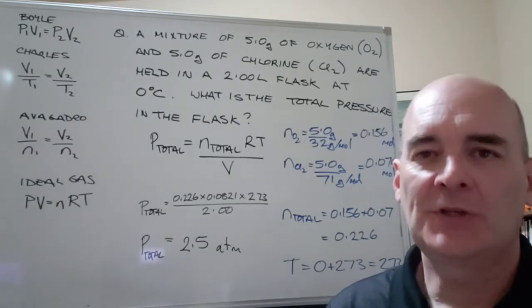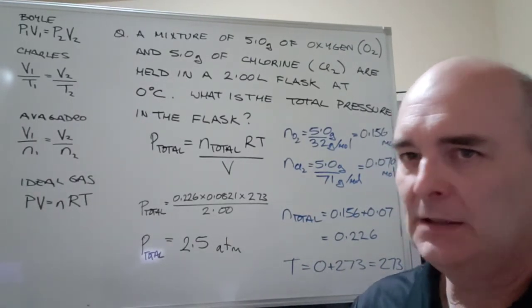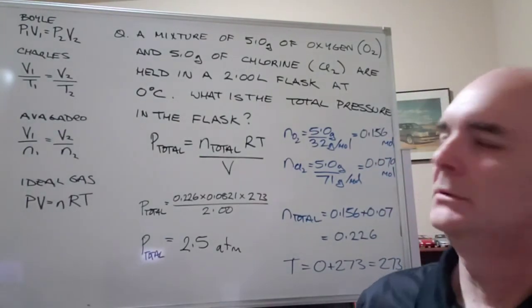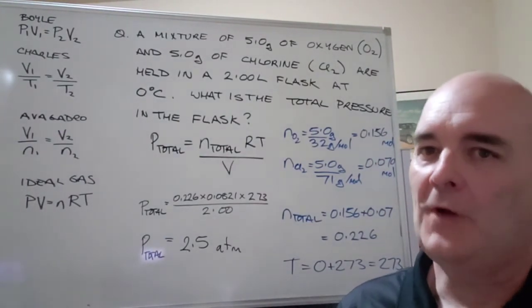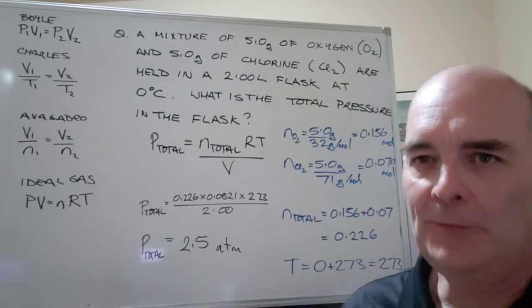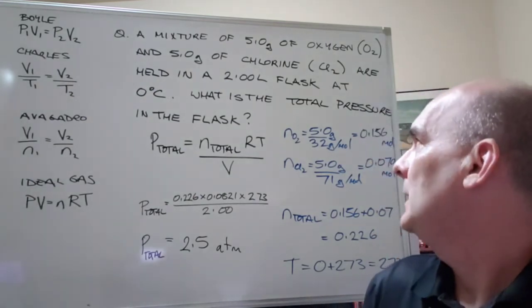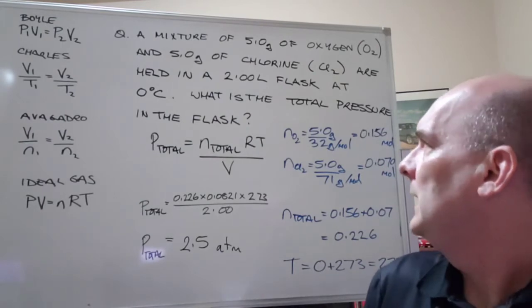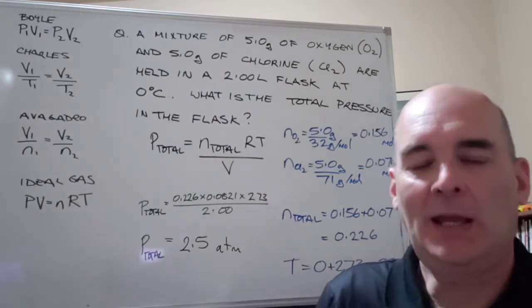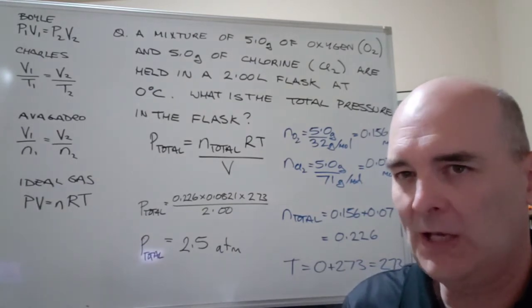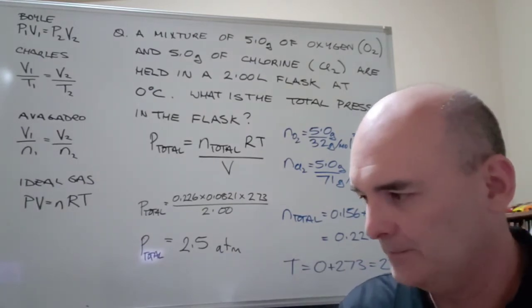Okay, here's a question that is a little bit more complicated. A mixture of gases, 5 grams of oxygen and 5 grams of chlorine, are both held together in a 2-liter flask at 0 degrees Celsius. What is the pressure inside the flask?